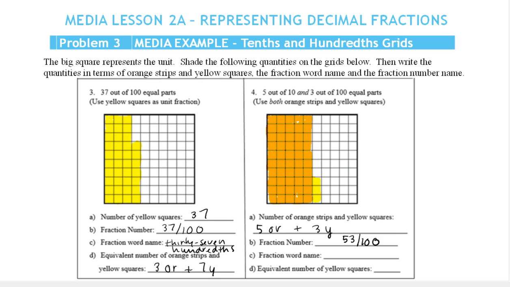Okay, and this is so we don't have to write it as a sum or a combined amount. The fraction word name would be 53 hundredths. And the equivalent number of yellow squares, so if we had shaded these all yellow and counted them individually, it would be 53 yellow squares.